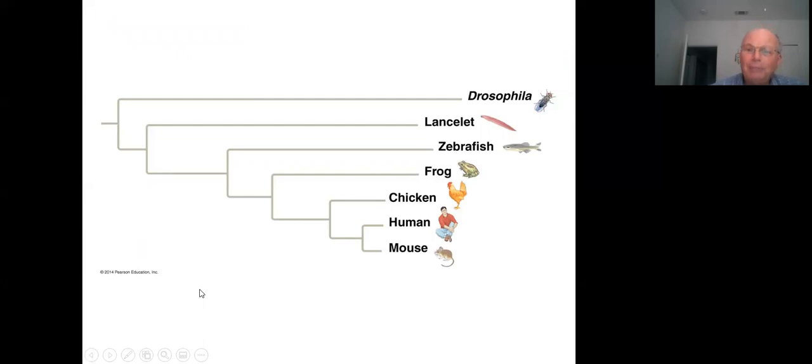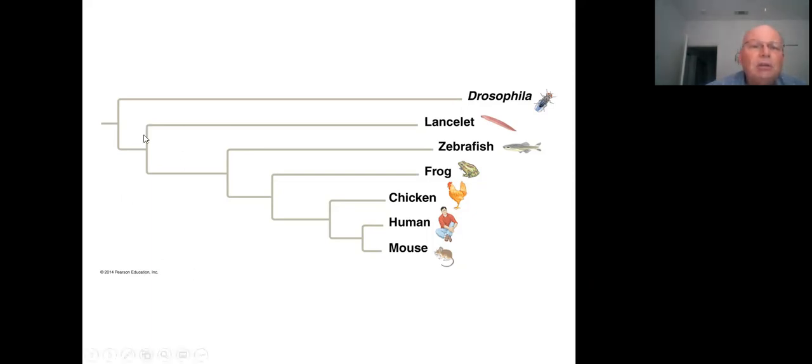So here's a phylogram of vertebrates, chordates, and this is based on a protein sequence or amino acid sequence analysis of a protein that's found in common amongst chordates, but it's not found in Drosophila. So Drosophila here is serving as the outgroup to define the chordate group on the basis of this amino acid analysis.